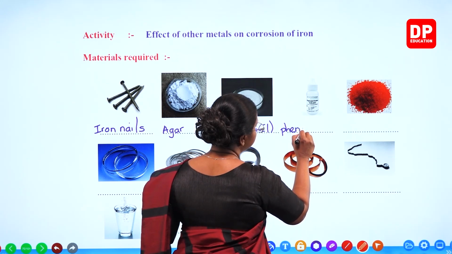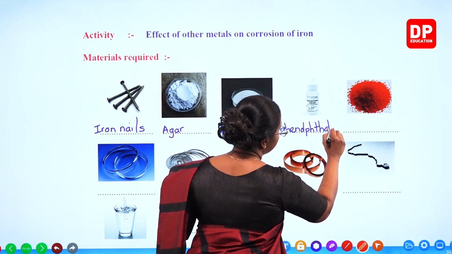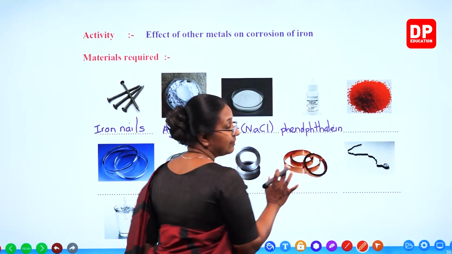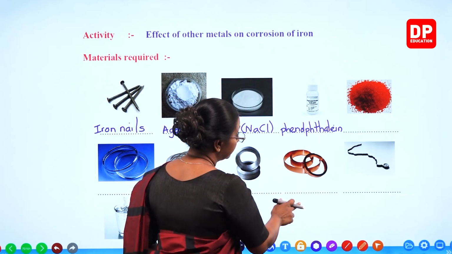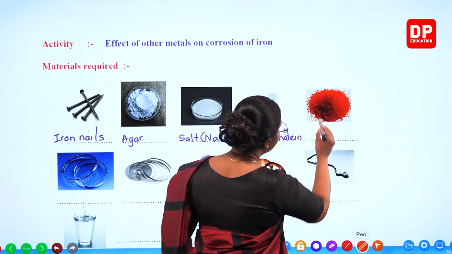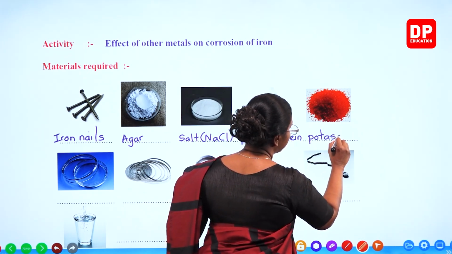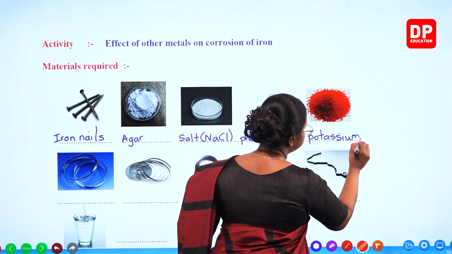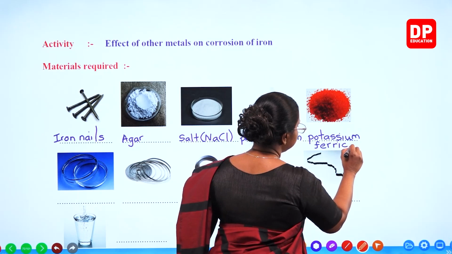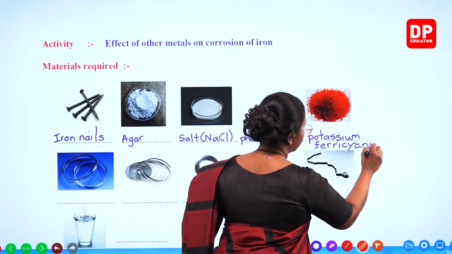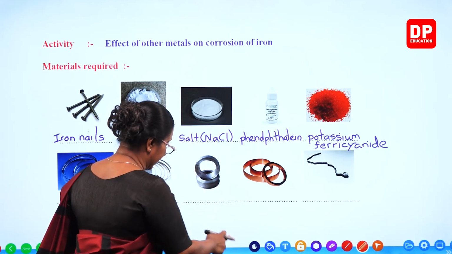Phenolphthalein indicator. I will explain why we need to use all these after I write the materials. Then this is potassium ferricyanide, that is also a chemical substance that we need.